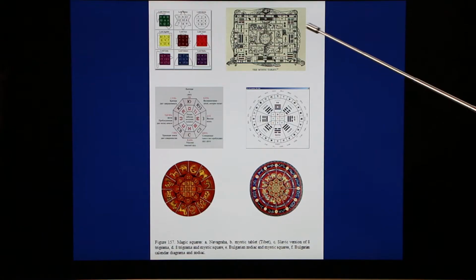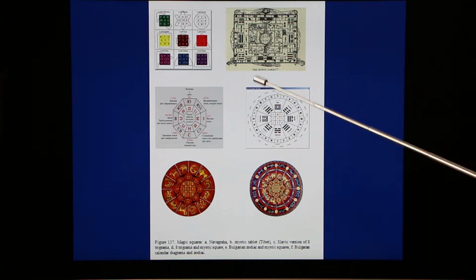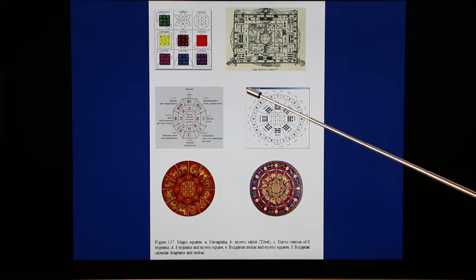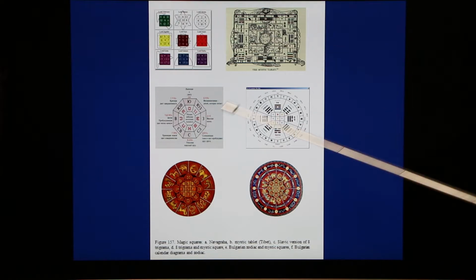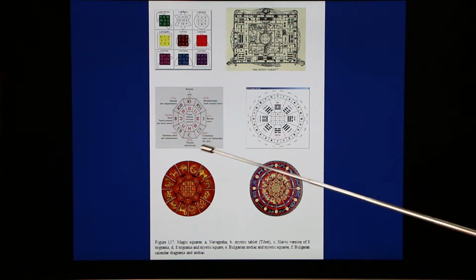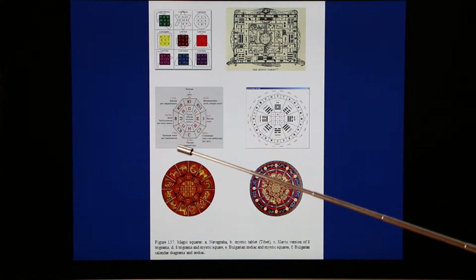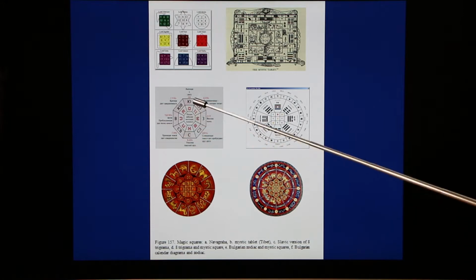Now, I'm not going to go into all the details. All I'm going to show you is this is an Indian magic square, a set of magic squares. Here is a mystic tablet of the persons from Tibet. And what do they have in the center? A magic square. Here are 2 Russian versions, which on the one hand reflect the trigrams that you have from China.